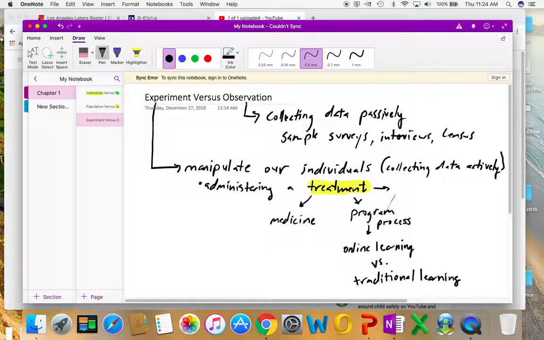Another form of a treatment could actually be depriving, right, or deprivation of something that people are used to. For example, if I wanted to study the effects of sleep on performance in a statistics class, and for a week straight, the week leading up to the midterm, somehow manipulated half of the class to only obtain 4 hours of sleep a night, whereas the others were just doing their normal schedule, whether they have 8 hours of sleep a night or 6 hours or even just 2 hours.